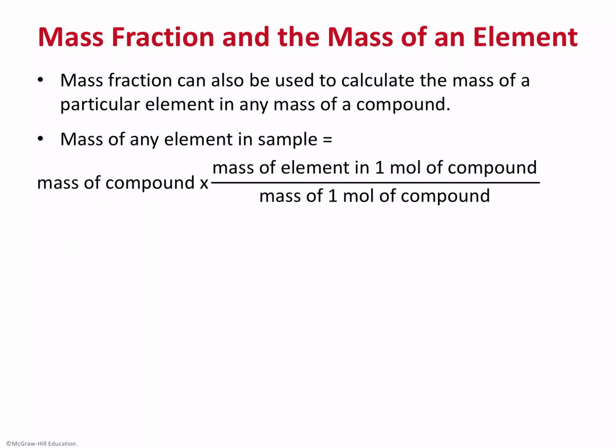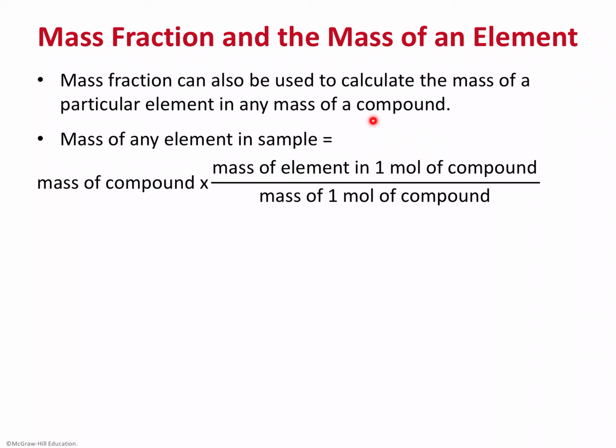That is how you find the percentage of elements in a compound. Mass fraction can also be used to calculate the mass of a particular element in any mass of a compound.